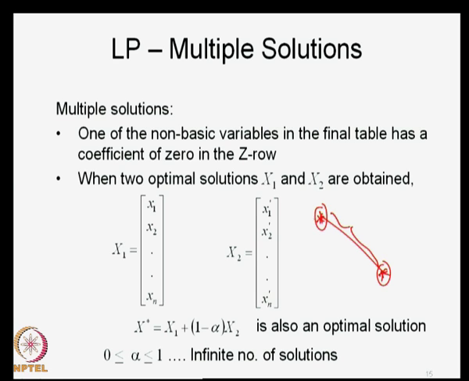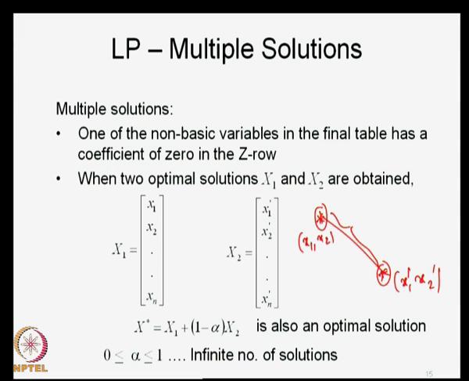Of course, x1 will be small x1 comma x2 here and small x1 dash comma x2 dash. So, let me write this as x1, x2 and this as x1 dash, x2 dash.